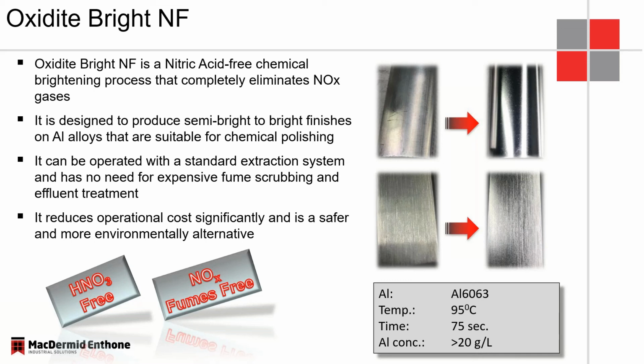These are really done for components, extruded parts, lineage parts that need just brightening up a little bit, just to lift that surface to make it a little more attractive. That's really the market segment we're targeting with this process.